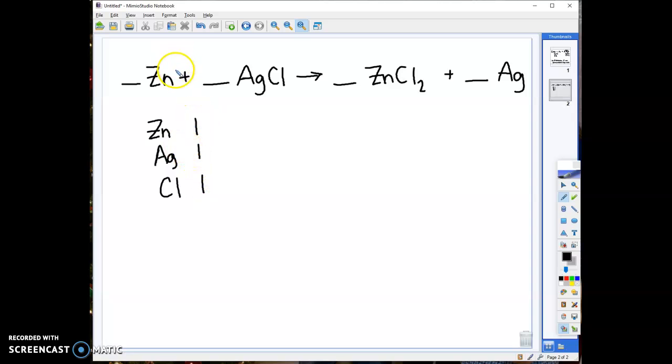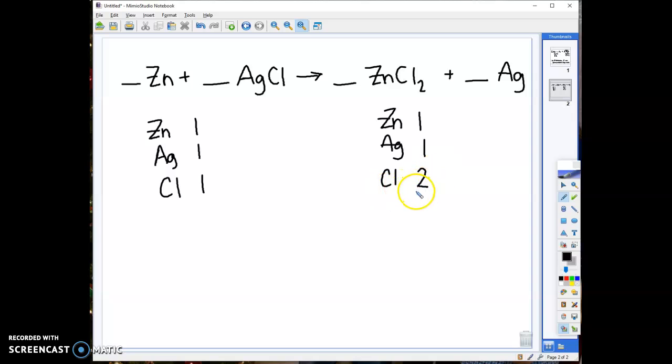I know that I have 1 of each because I have no subscripts. So I'm going to come over here, and again, I'm going to put these in the same order that I wrote them on my reactant side, okay? And I'm going to count them. So I have 1 zinc, I have 2 chlorine because of that subscript, and then 1 silver.